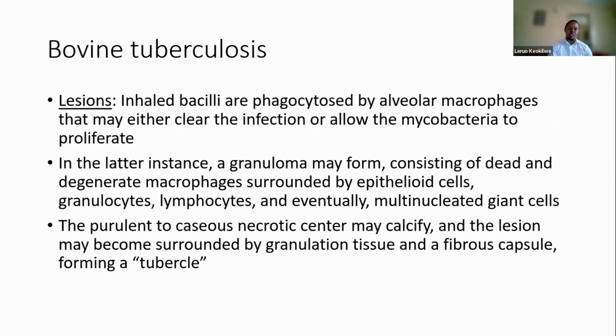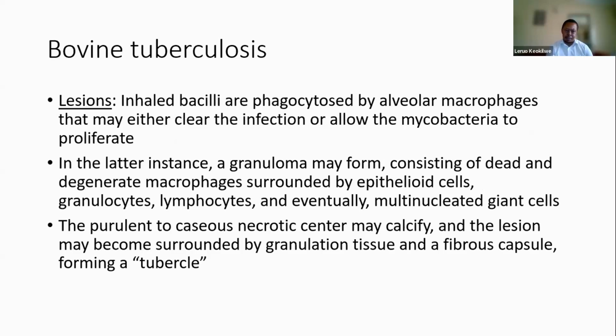The lesions that are seen with bovine tuberculosis infection are due to the process of the infection in the lung, with the phagocytosis of the bacilli by the alveolar macrophages.